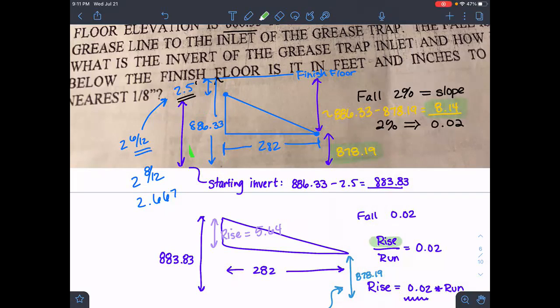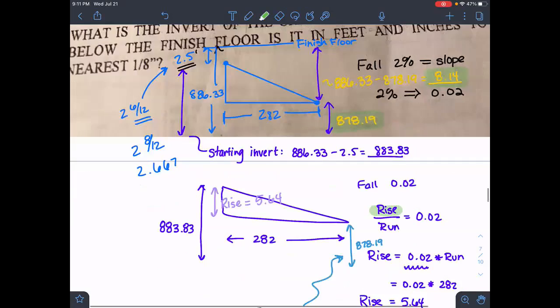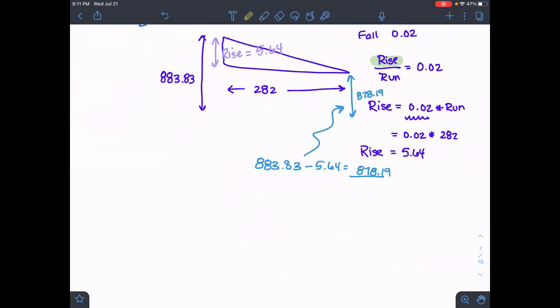Okay, finally, it does tell you that it wants your answers in feet and inches. So unfortunately, about the US system here is that 8.14 feet means that this piece needs to be converted. This is 0.14, so 14% of 1 foot, which is the same as saying 14% of 12 inches.